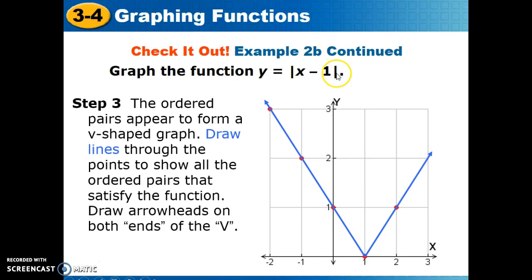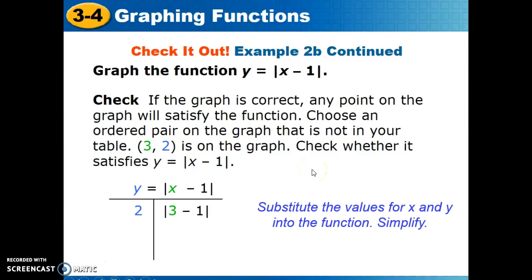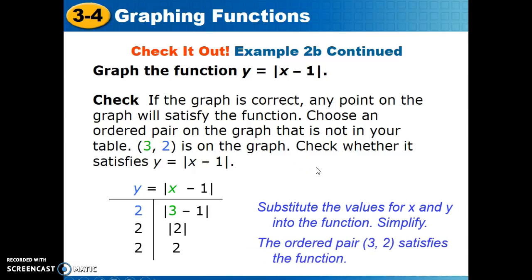The absolute value is +3. If the graph is correct, any point on the graph will satisfy the function. As we just said, they checked the point 3, 2. Plugging those values in, 2 equals 2, it satisfies the function.